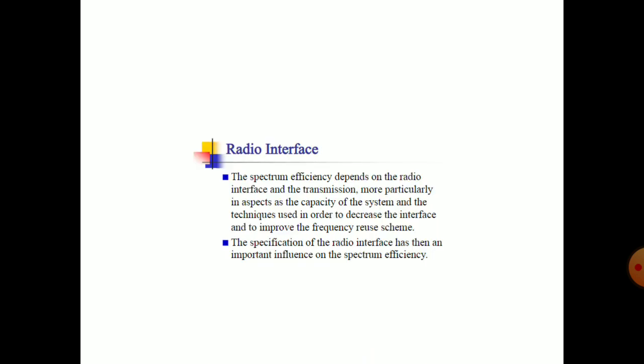Continuing with the radio interface, the efficiency of the total spectrum of the entire mobile area depends on the radio interface and the transmission, more particularly in terms of the capacity of the system.